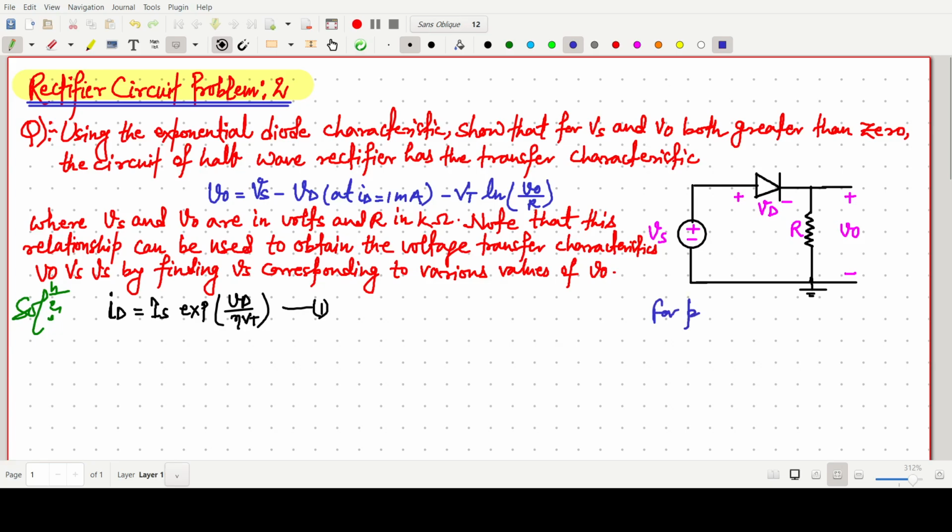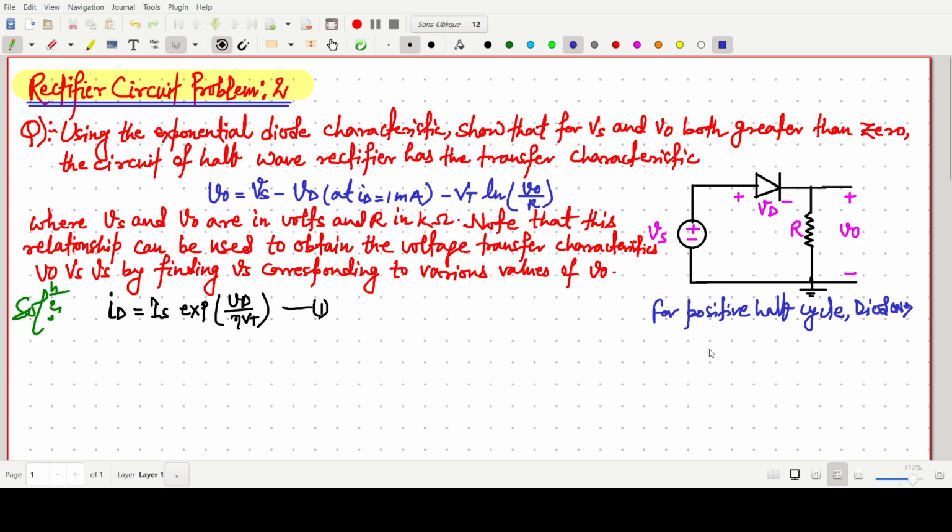suppose we are saying this one is a sinusoidal signal. For the positive half cycle, this diode will be on.